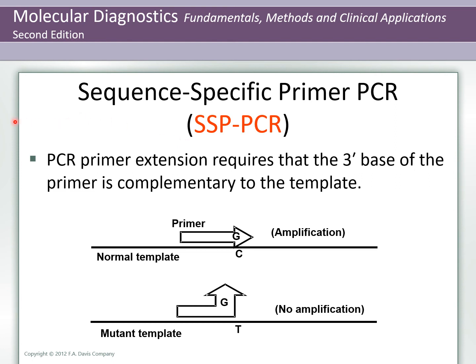Sequence-specific primer PCR is commonly used to detect point mutations and other single nucleotide polymorphisms. There are a number of modifications to the method that involve design of primer so that the primer 3' end falls on the nucleotide to be analyzed. Successful amplification will occur only if the 3' end of the primer matches the template.